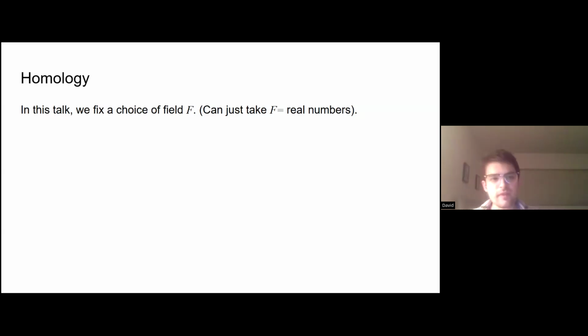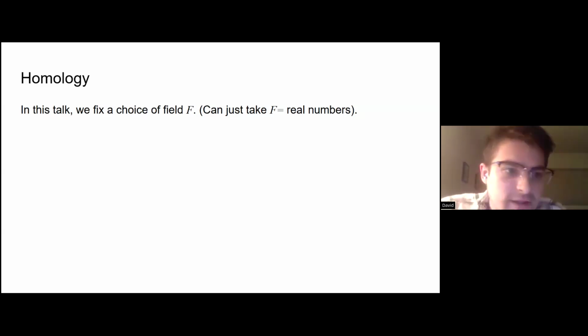But okay, at some technical level, when people think about homology, you need to fix a choice of field. If that's unpleasant to you, just pretend every time you see a capital F in this talk that this is just the real numbers, although in practice it's usually Z mod 2.